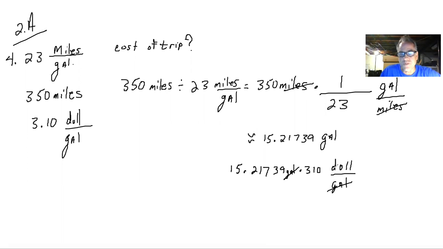I'm going to be left with just dollars, which is what I wanted to know, the cost. On my calculator, I can just hit times 3.10. Since we're dealing with money, it's always rounded to the hundredths place. Cent is equivalent to 1/100. It's going to cost me $47.17. And that is it.